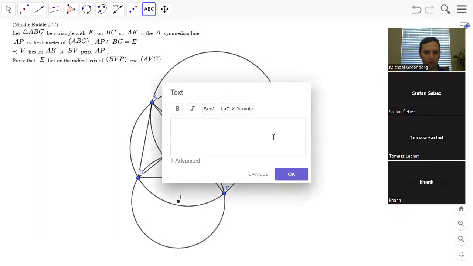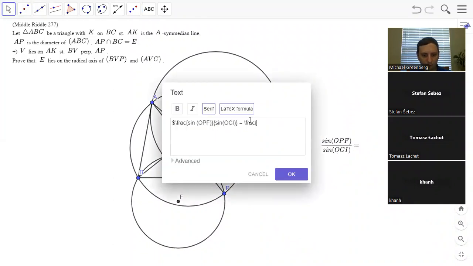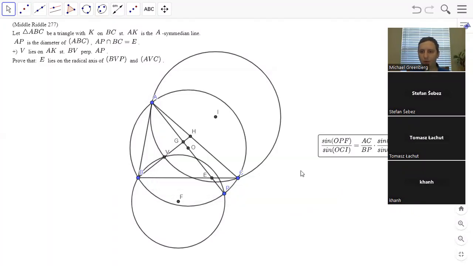So I'm going to write it out. Sorry, sine OPF over sine OCI is equal to AC over BP, sine of BVP over sine of ABC. If I can show this, that would solve it.